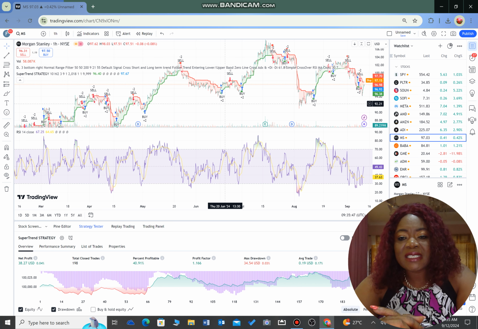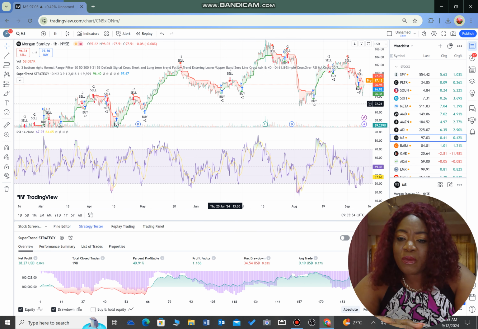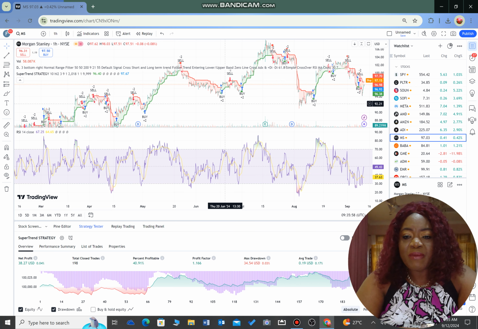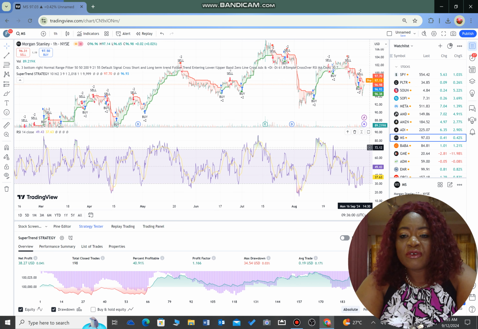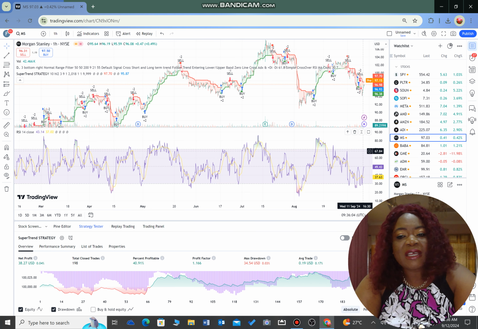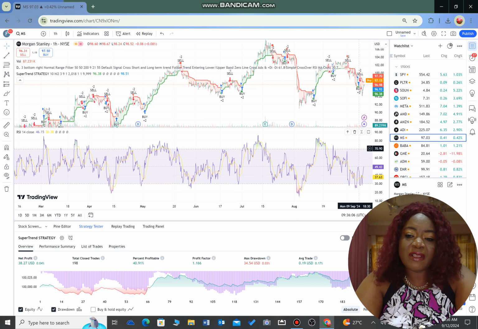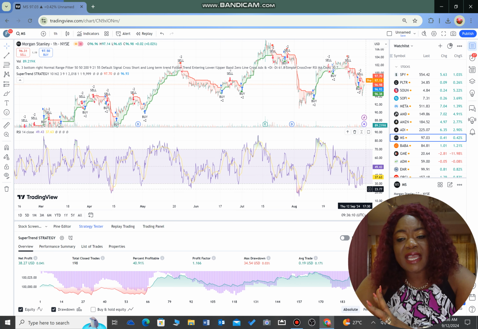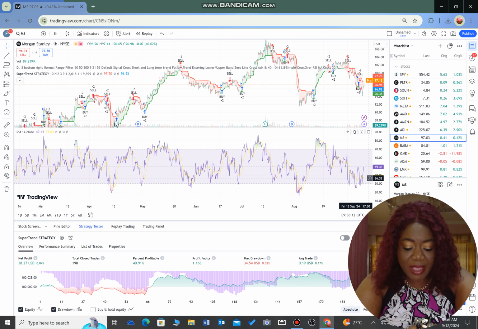If it is at 70 or above, that suggests an asset is probably overbought, and we may be seeing a reversal soon. So around 70, you could enter for a sell, or if it is below 30, you could enter for a buy.